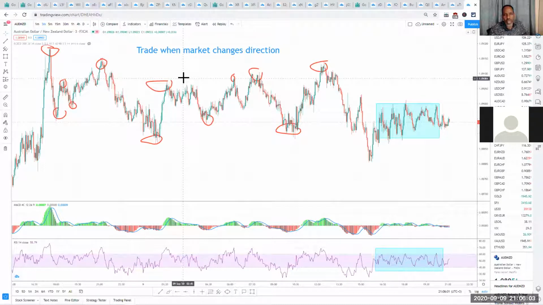Now, the other thing that you can use to know when the market will turn is the MACD, in what is called divergence. But before we do that, Bollinger Bands, yes, very powerful.